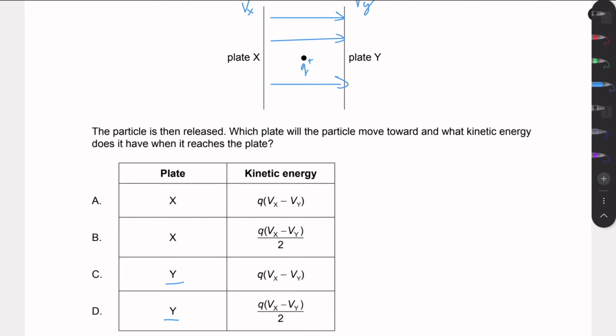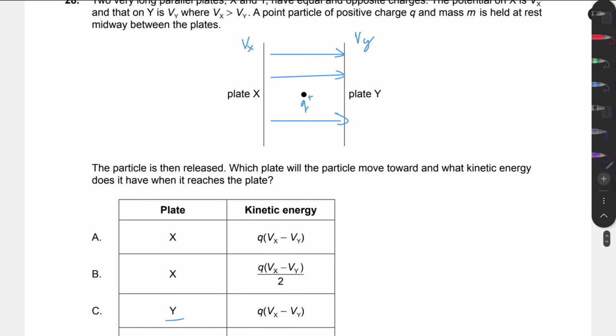Well, we know that the work when moving a charge between a potential difference is given by this formula. So the charge times the change in potential. But since we are halfway here, if this whole distance would have a delta V, then the delta V here would just be Vx minus Vy.